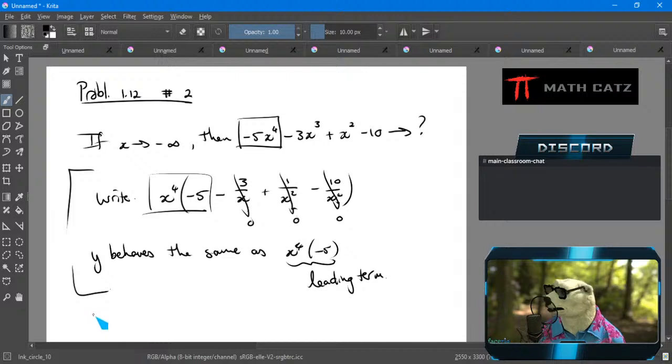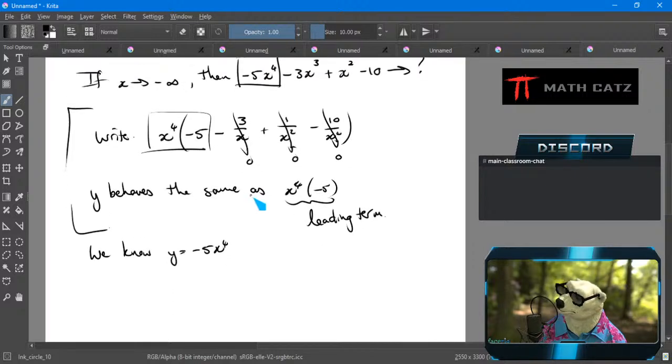So now we know what negative 5x to the 4 would do, because it's just a basic transformation. I flip it horizontally, I stretch it a little bit, it's going to look like that, right?